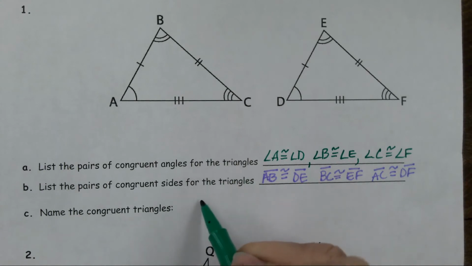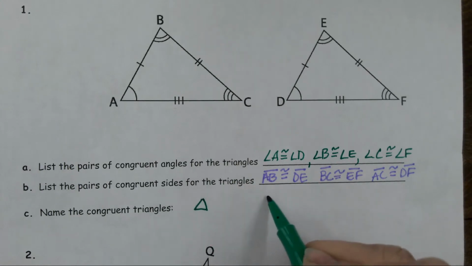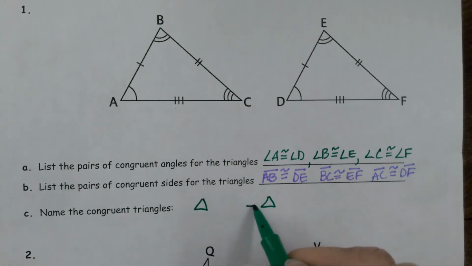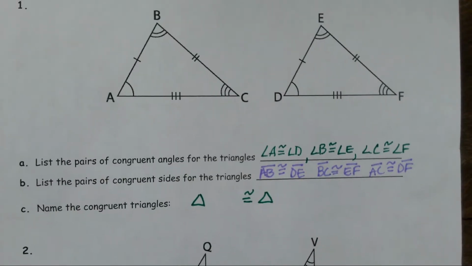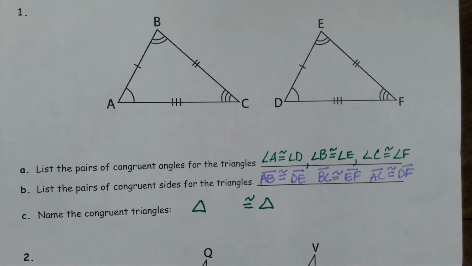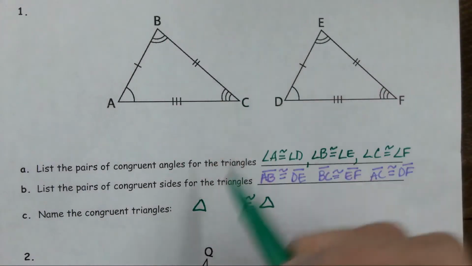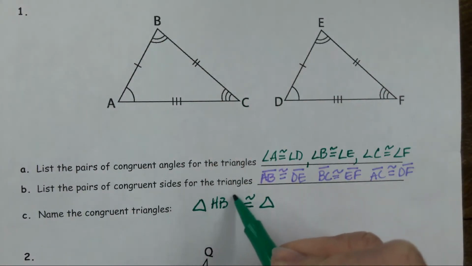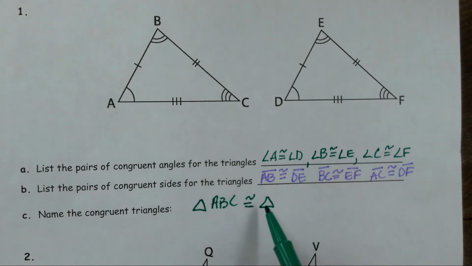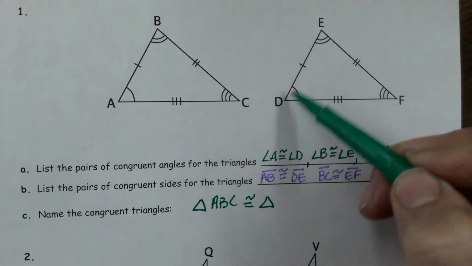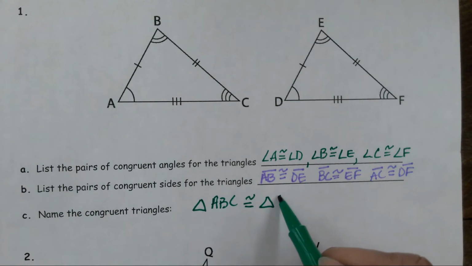But it's important how I write the triangles. So I'm giving myself a little bit of room here to write the order of the triangles. Always list the congruent angles in order. So if I call this triangle ABC, it is congruent to triangle DEF.